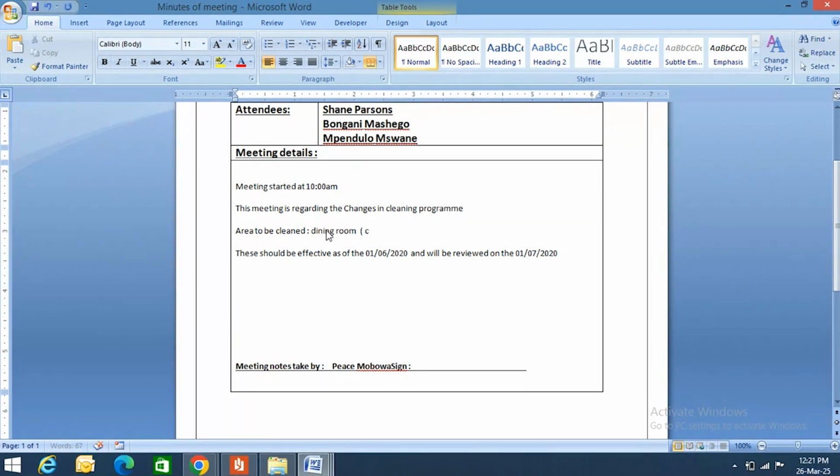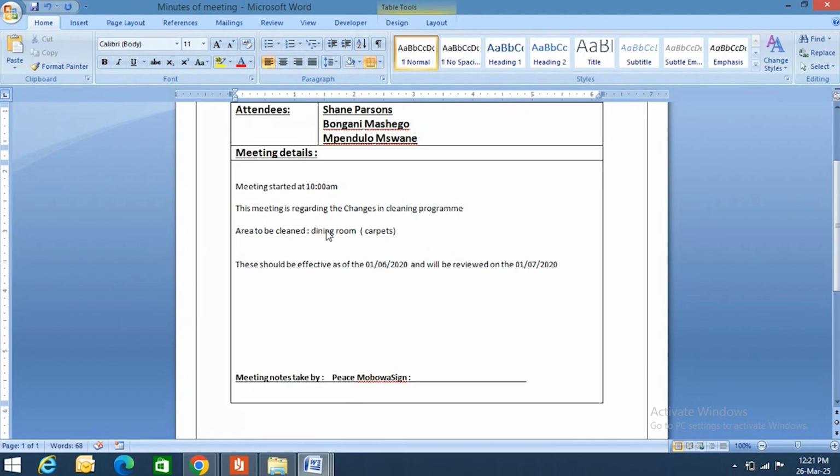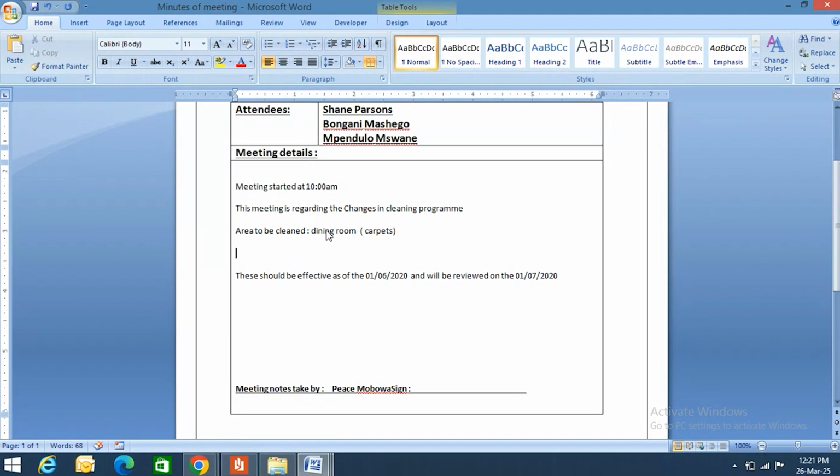I'm putting carpets in brackets, specifically what in the dining room? How often should it be cleaned? To be cleaned weekly.